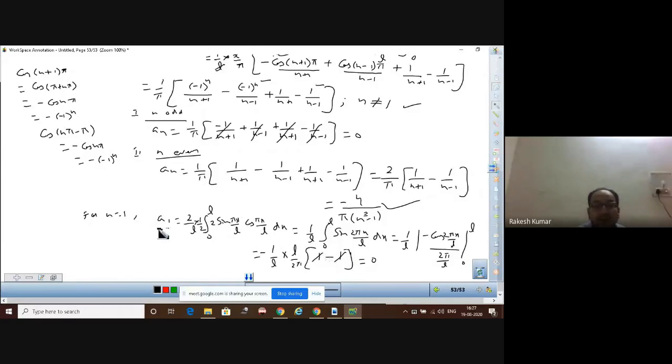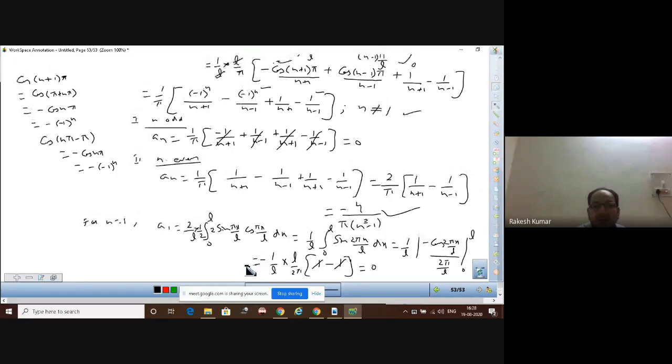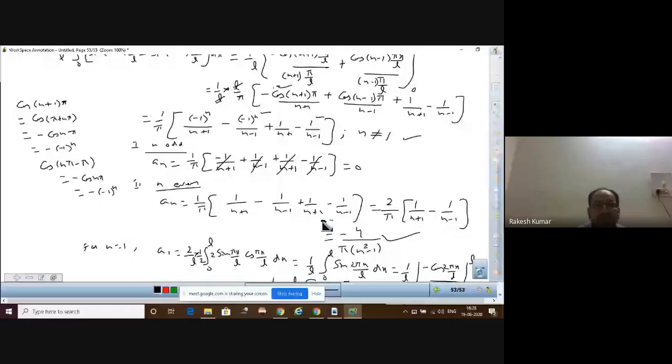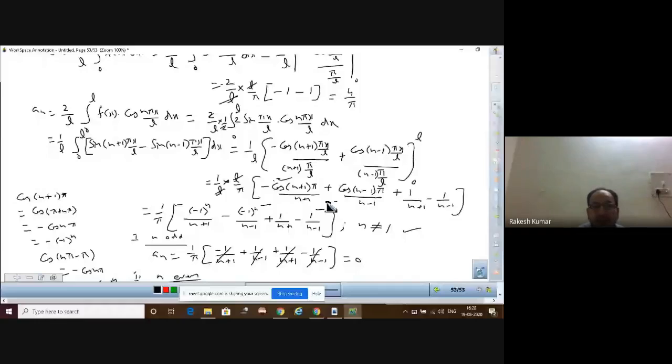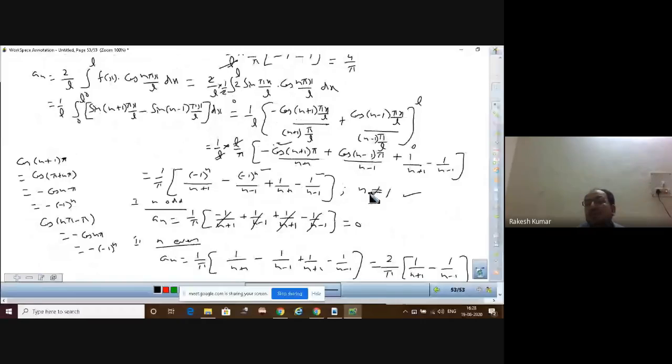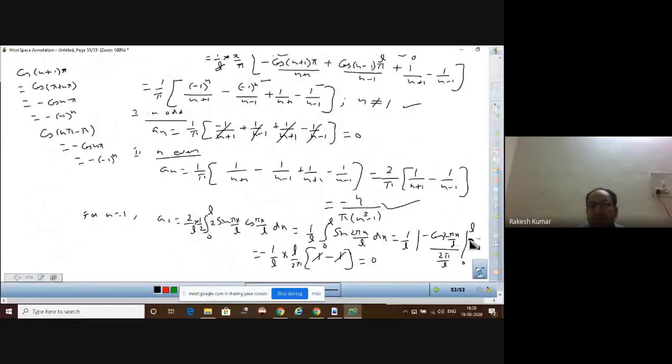So there is no separate value of A1, this comes out to be 0. Now you can substitute the values of the constants. A0 is 4 over pi and An is minus 4 over pi n square minus 1 in the Fourier series.